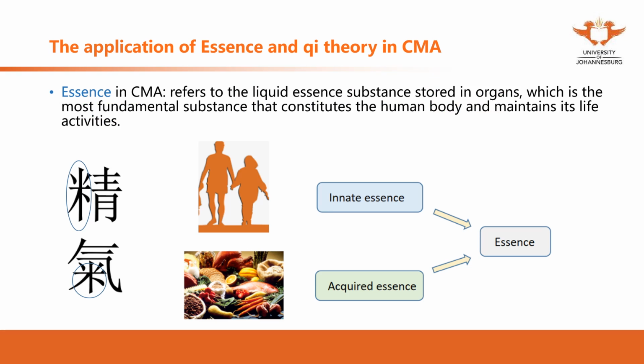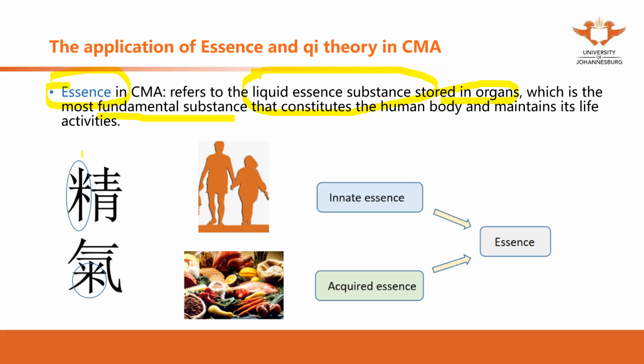The essence and qi in the philosophical field are exactly the same, but in Chinese medicine, we separate them. The essence refers to the liquid substance, the liquid form. Where does it store? It stores in the organs. Most fundamental substance.